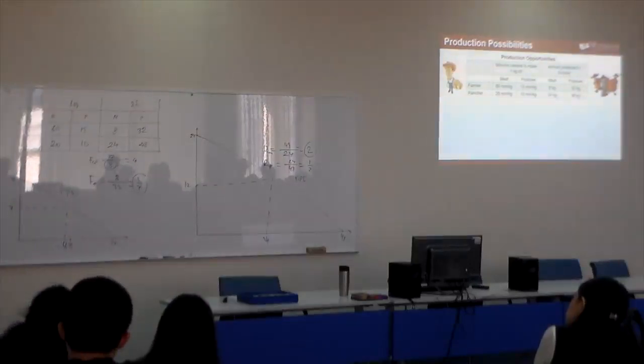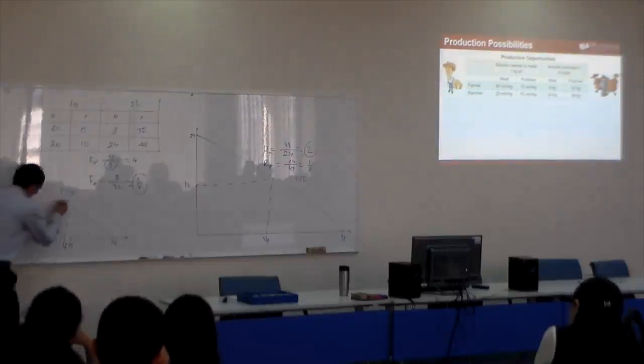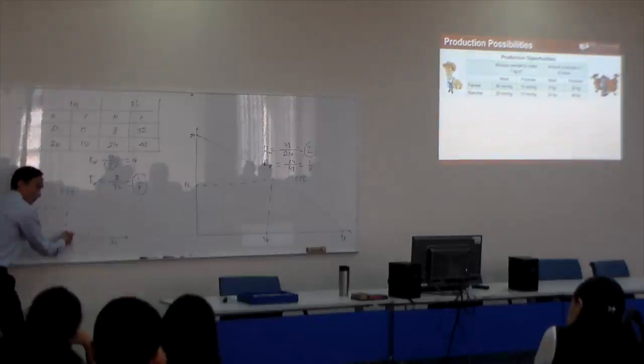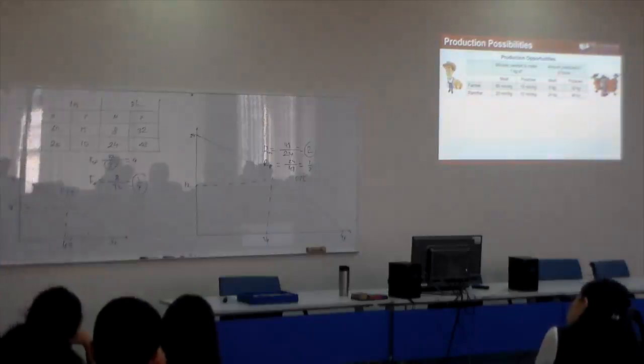After his proposal, the farmer has 5 kilograms of meat and 17 of potatoes. So he's gaining 1 kilogram additional of meat and 1 kilogram additional of potatoes. The farmer, who is illiterate about comparative advantage, said, oh yeah, it looks very good for me. But what about you? What is suspicious?